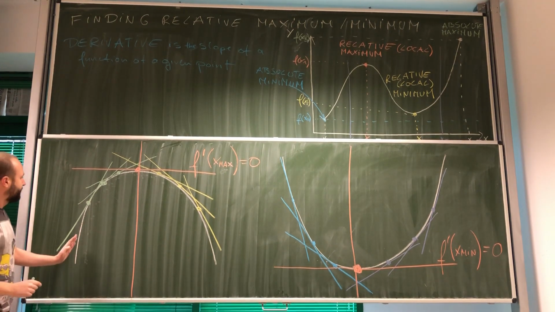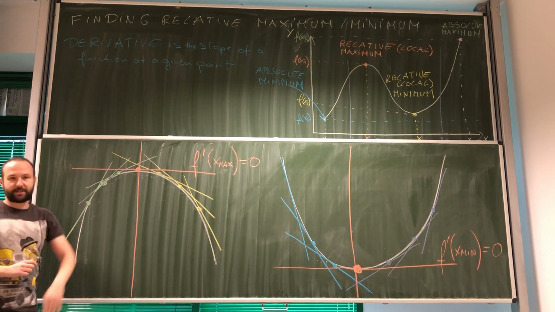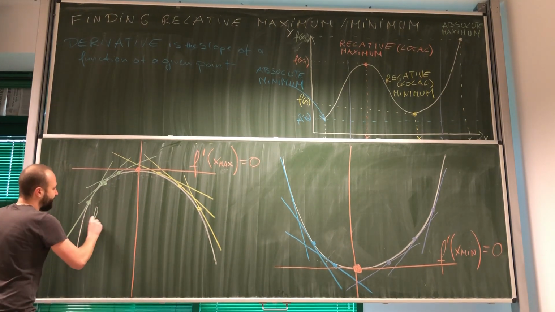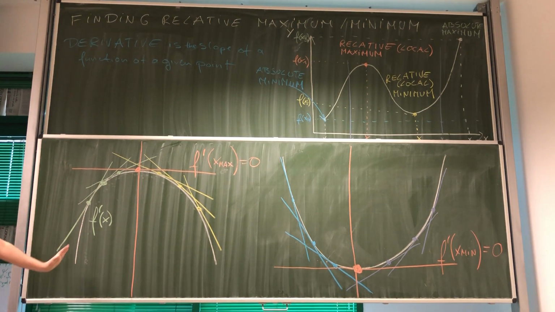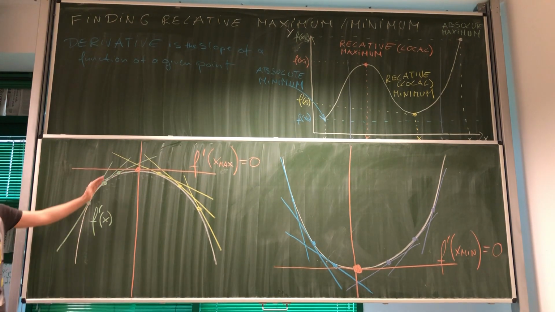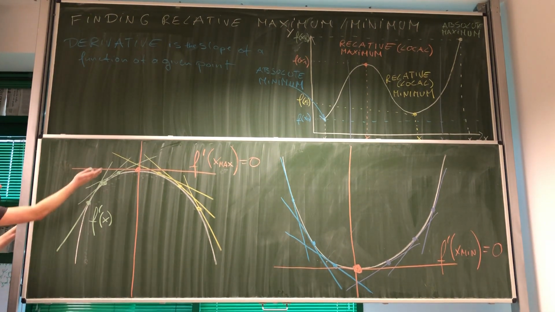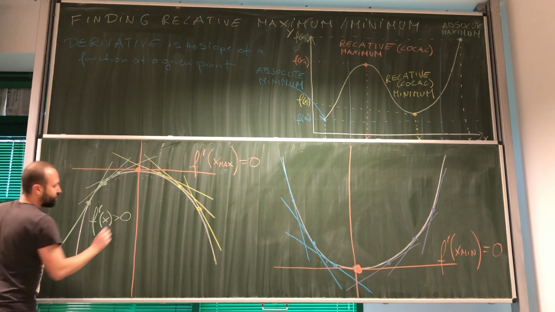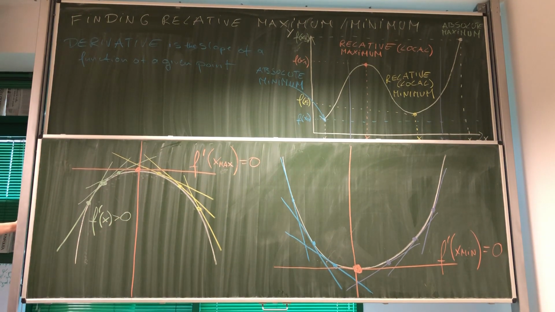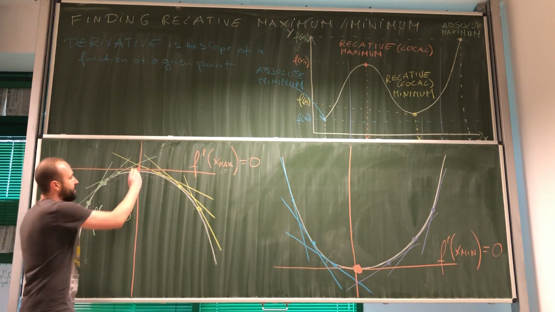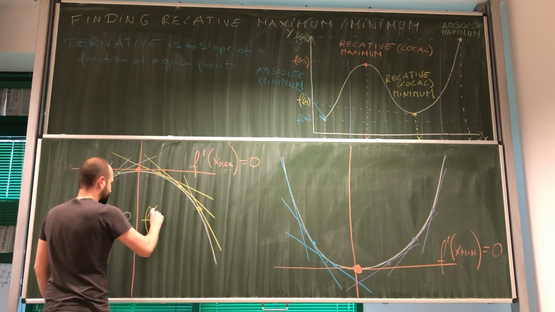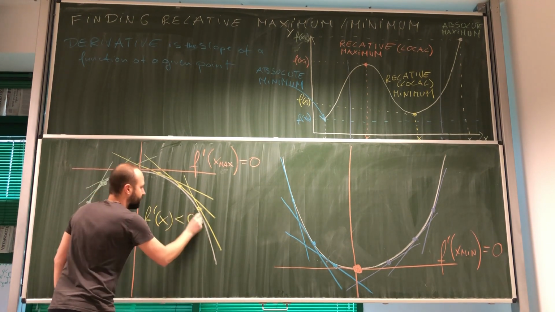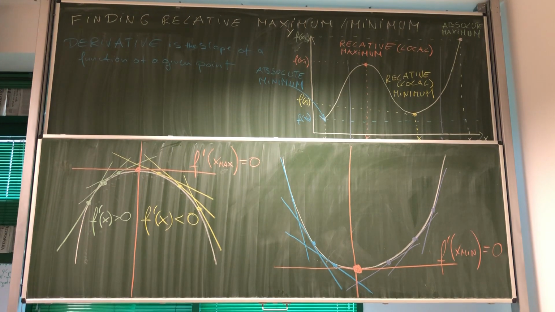Look, over here, function is upward sloping. So what I can say about the value of the derivative over here? Well, if the function is upward sloping, it means it increases, then the slope of the function measured by the derivative should be positive. Now, what is happening over here? Well, now we see the function is downward sloping, so the value of the derivative should be negative.